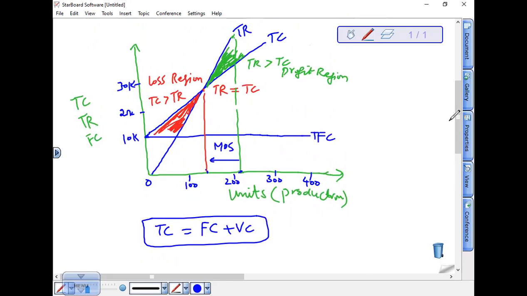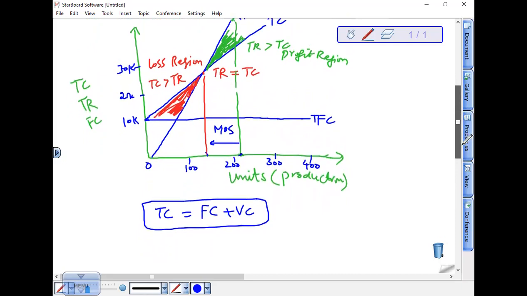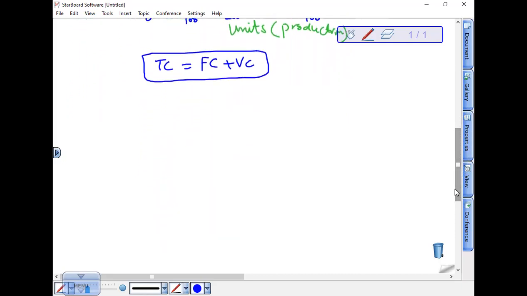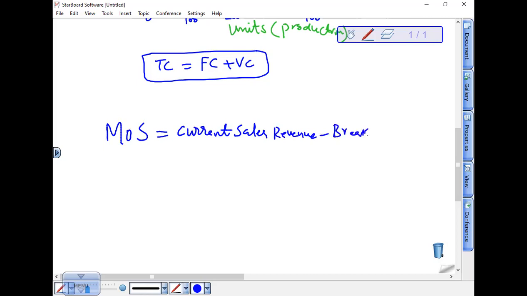So the decline is the difference between the current sales level and the break-even sales level. So the formula of margin of safety is equal to current sales revenue minus break-even sales.